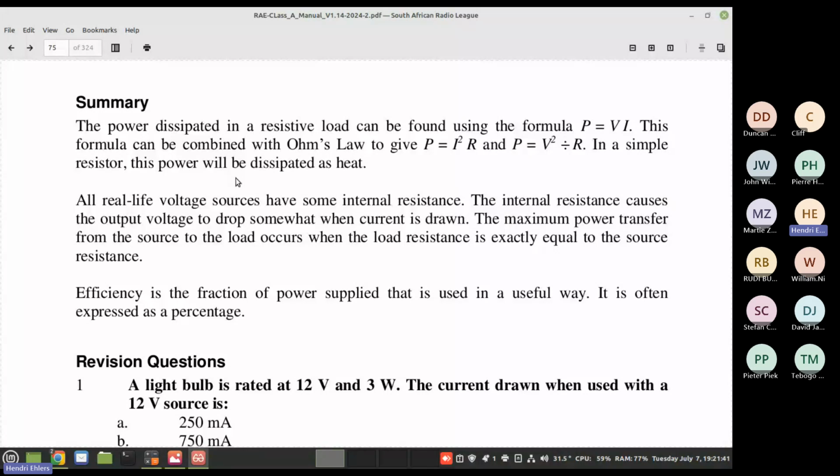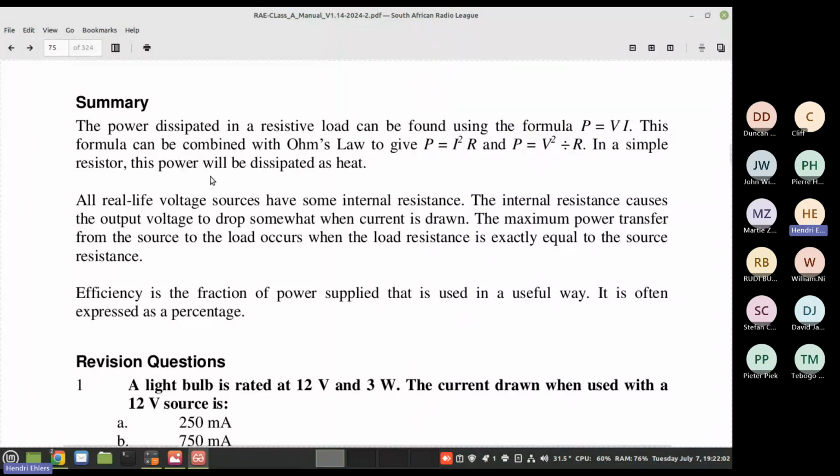This formula can be combined with Ohm's law to give P equals I squared R and P equals V squared divided by R. In a resistor, the power will be dissipated as heat.